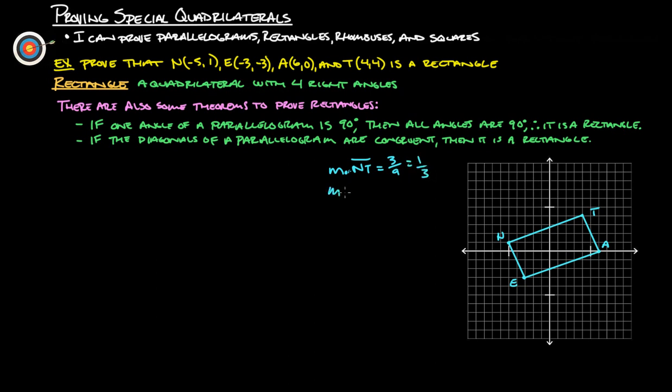And then let's do the slope of EA, or AE, doesn't matter. Start with the one on the left. Up 1, 2, 3, and over 1, 2, 3, 4, 5, 6, 7, 8, 9. Up 3 over 9, so that one is also 1/3.